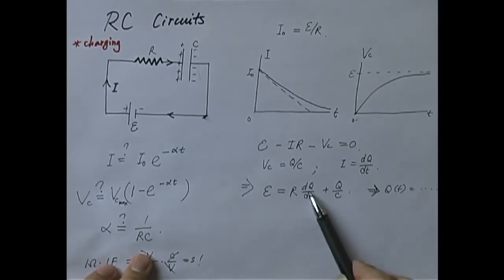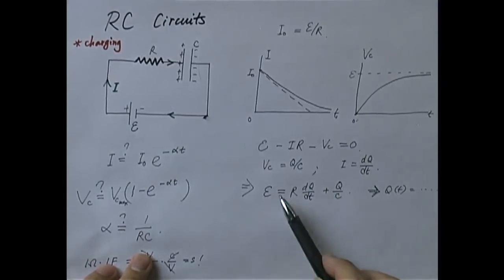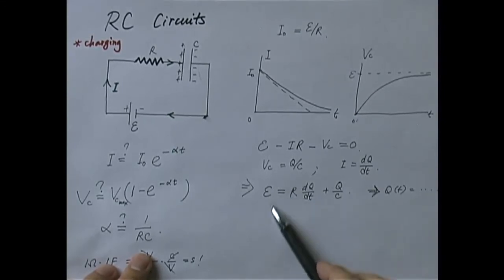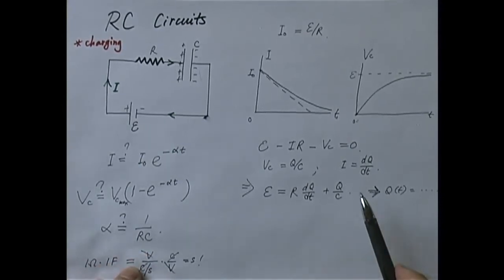There is only dt here, nothing else has t in it, so you can just solve for dt, and then integrate. The left hand side only has t, the right hand side only has q. You can integrate, you will find the solution. We can do that, and it's not hard to do, but it's kind of boring. What I want to do here is an alternative method to solve this problem.